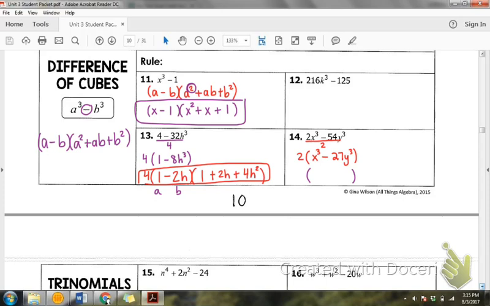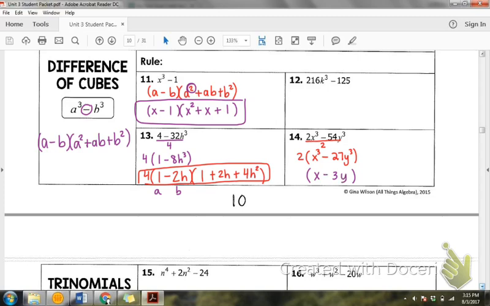Cube rooted it? Yep. So what's the a value going to be? x, right? What's my b value going to be? What's the cube root of 27y cubed? 3y. Good. 3y goes with that.